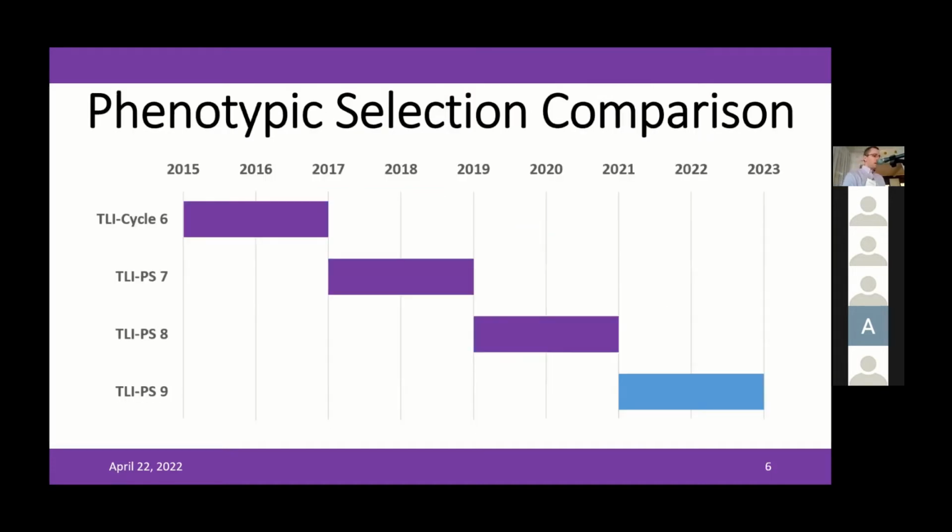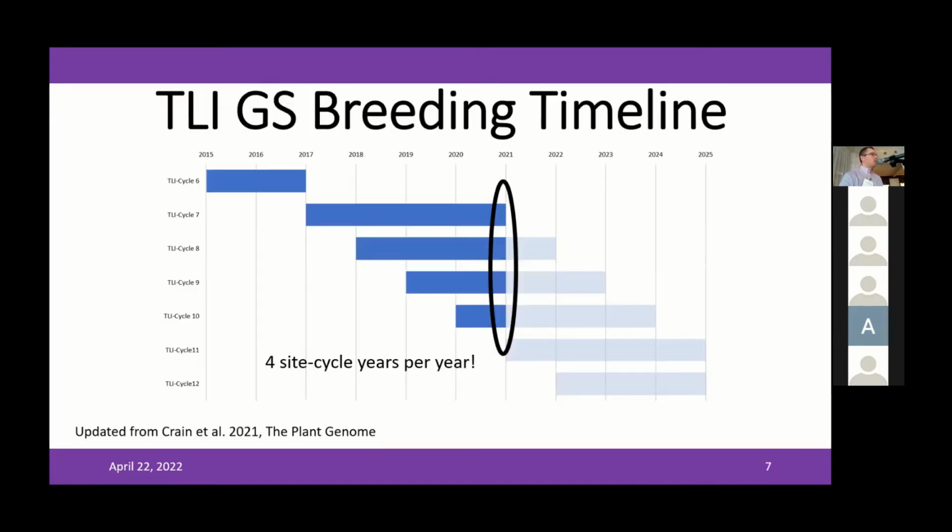And just for comparison, if we were to continue phenotypic selection as fast as we could go, only evaluating plants for 1 year, right now in 2022 we would just be starting cycle 9. So we've actually gained 3 full generations or cycles of selection by using genomic selection.